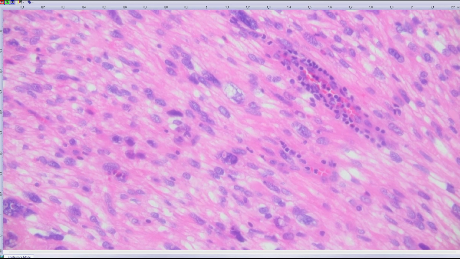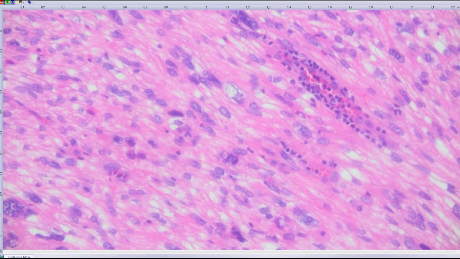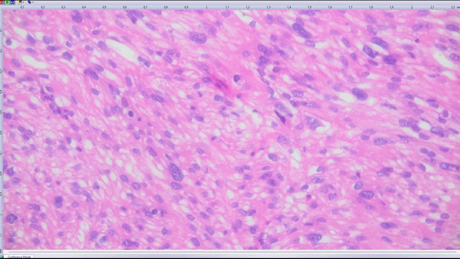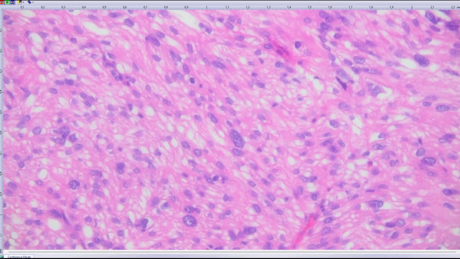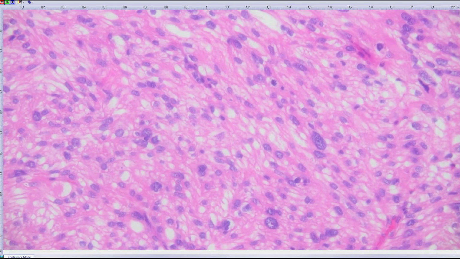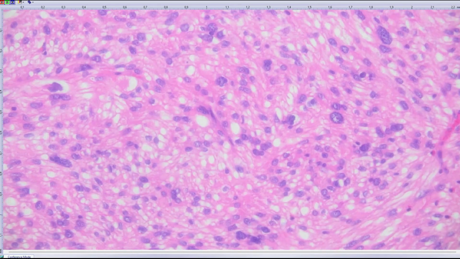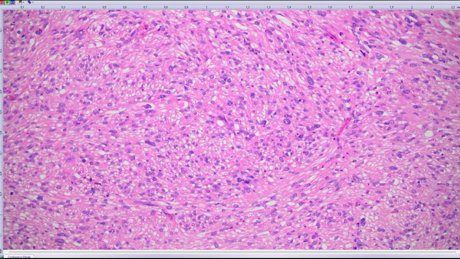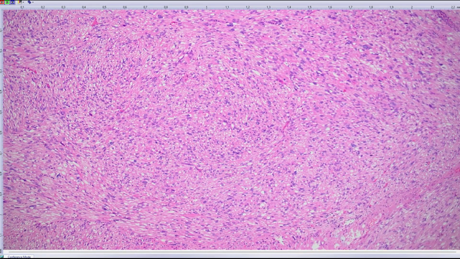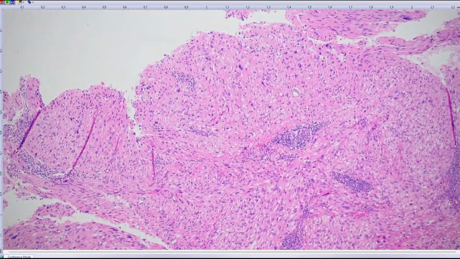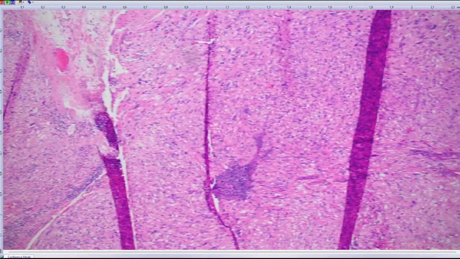And on high power, you can see it's a little bit like a granular or very fine pinkish cytoplasm. And this constellation of features, a lot of pinkish cytoplasm and scattered pleomorphism, for me was suggestive of PEComa.